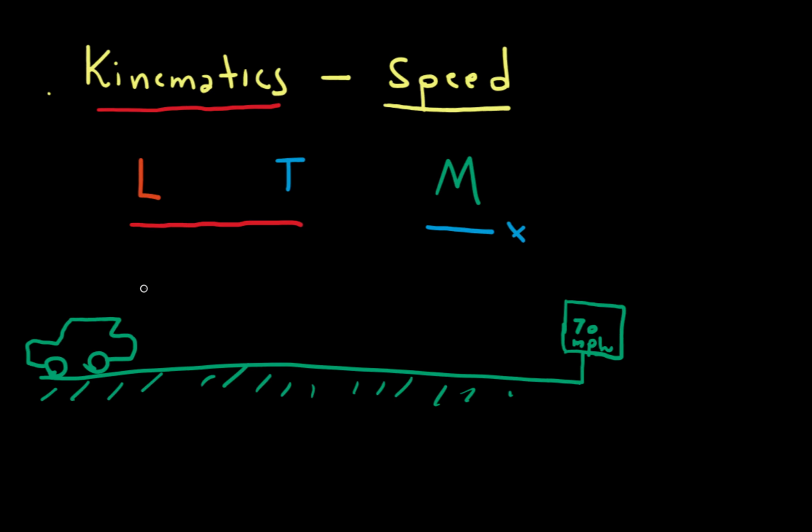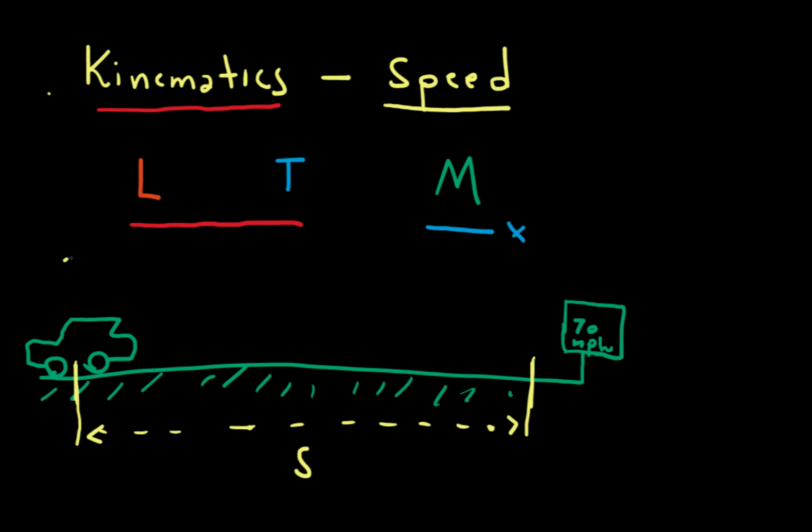So let's take a car, and let's say that this car here is going to travel from this distance to this distance. And we want to call the distance traveled, we'll denote by a variable. We'll call that S. And that is the distance traveled.